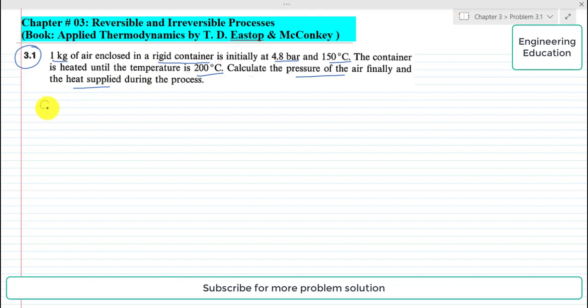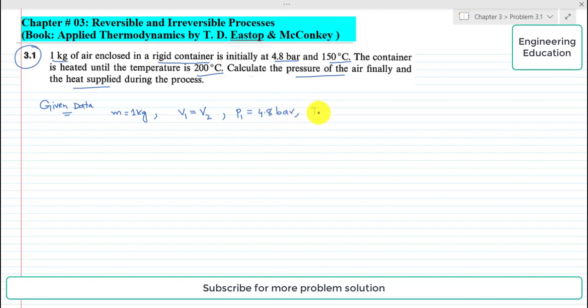So first of all we will write the given information in this problem. We have given mass, that is 1 kilogram, and it is a rigid container, meaning that the initial volume will be equal to the final volume, and the pressure P1 is 4.8 bar.